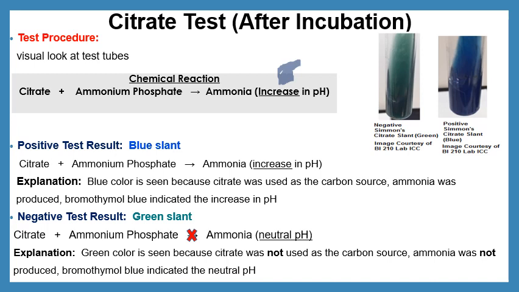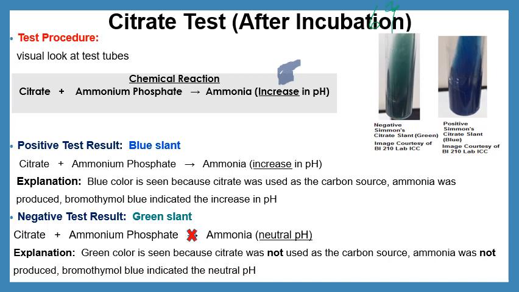We're looking to see if ammonia, which is going to increase the pH by that bromothymol blue indicator, has occurred. So here was our initial test tube, which is green, with our pH of about 6.9. So we have a fairly neutral pH in our first test tube.